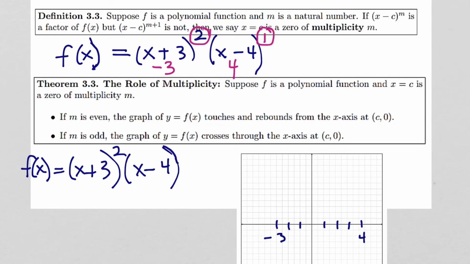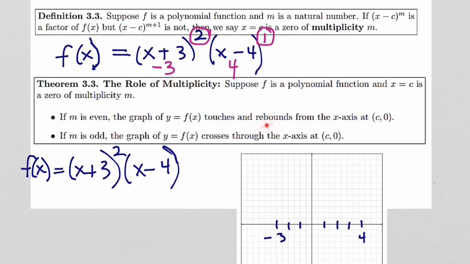Okay, the next idea is, what does that multiplicity tell you about the shape of the graph? What is the role of multiplicity? In as simple terms as possible, if the multiplicity is even, then your graph will touch the x-axis at that 0 and turn back around the other way. It won't cross over. Sometimes we call that touching, bouncing, rebounding, but it doesn't cross the x-axis.